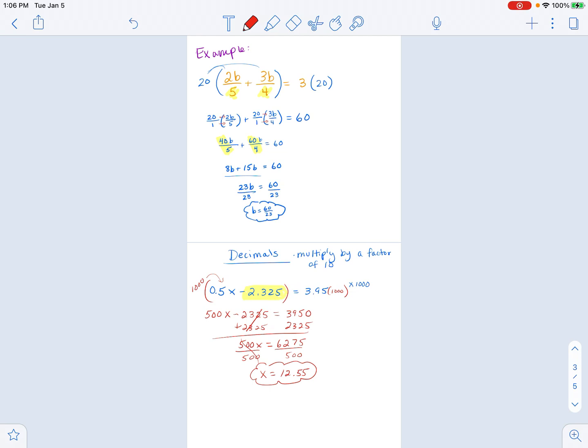But also thinking about what I can multiply both sides by in order to eliminate the fractions or eliminate the decimals. In the case of fractions, it was multiplying both sides by a common denominator. And in the case of decimals, it was multiplying each side by some factor of 10, which eliminates all the decimals in every single term.